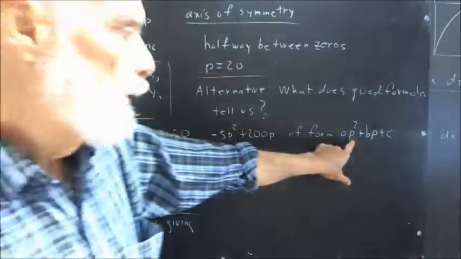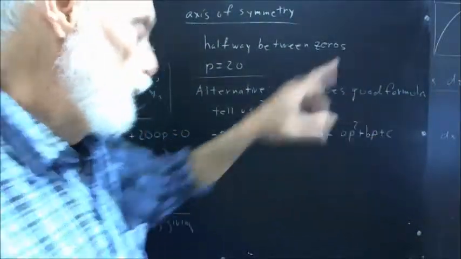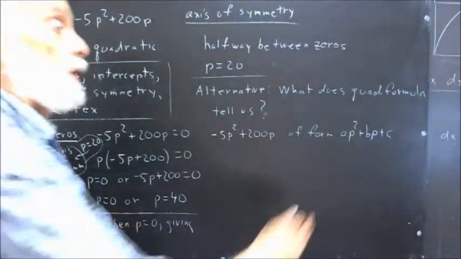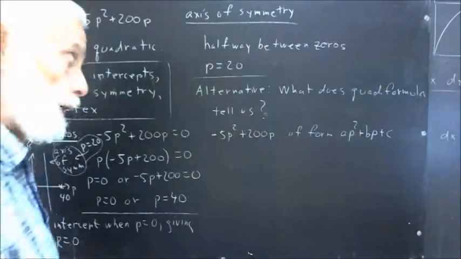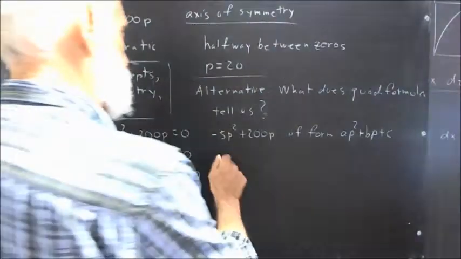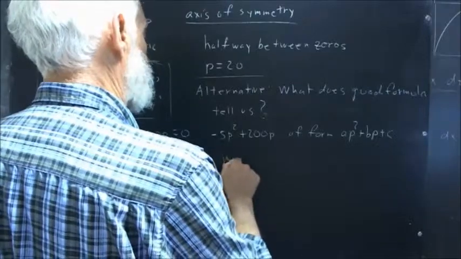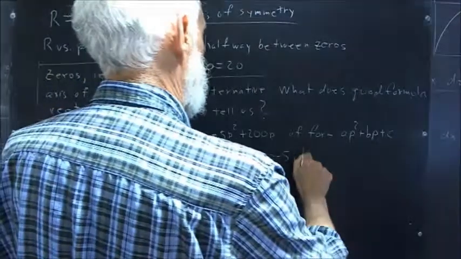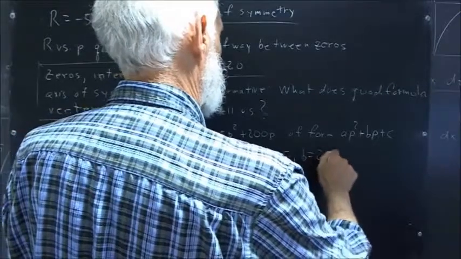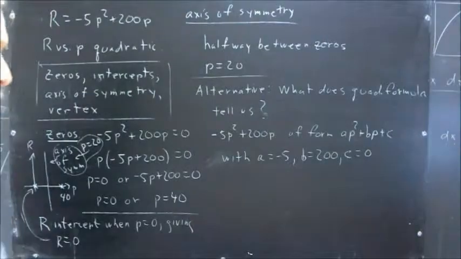It doesn't matter if this variable is x, t, q, p, or aardvark. It makes no difference what we use for the variable. The formula tells us what it tells us. So that, and this is with a equal negative 5, b equals 200, and c equals 0.